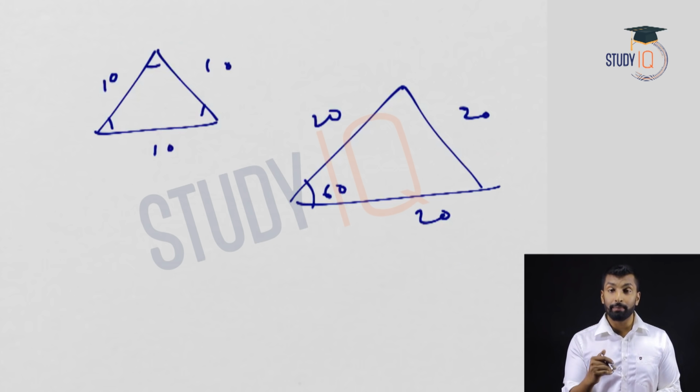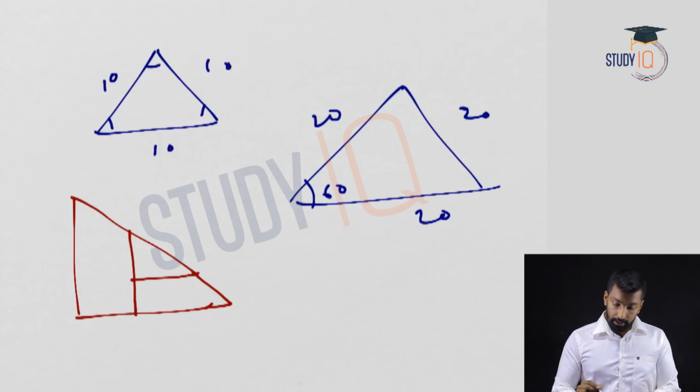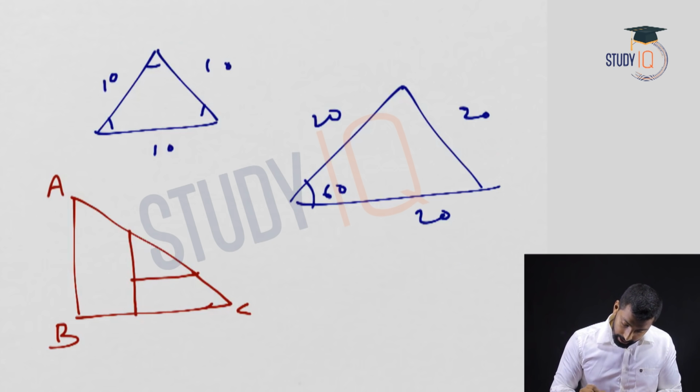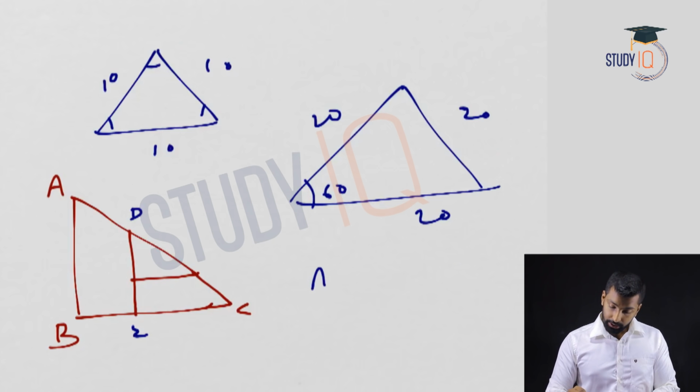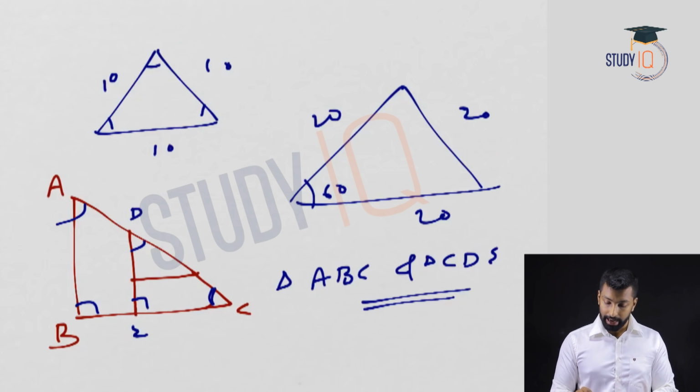But when it comes to similarity, let me give you a very simple case. If you take this ABC, that's a big triangle, and also if you take CDE, so the ABC triangle and the CDE triangle are both similar. The reason is this angle and this angle are the same, this angle and this angle are the same, and this is a common angle, right?